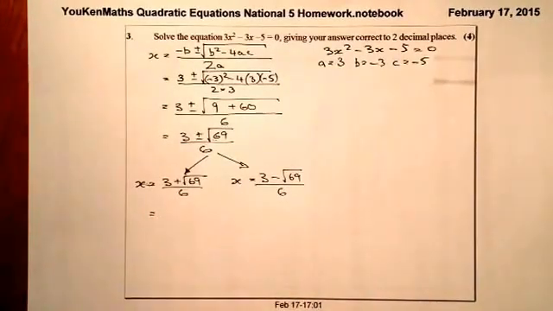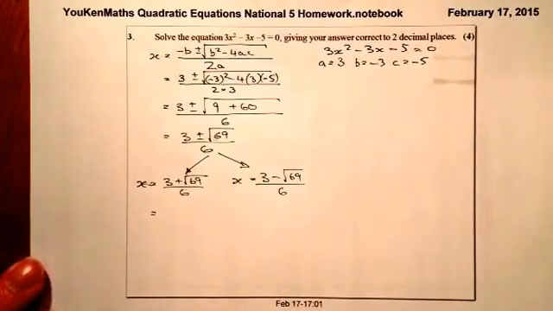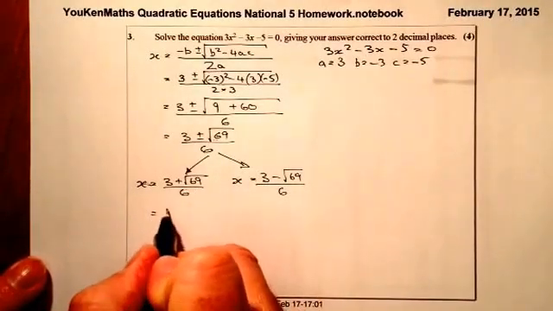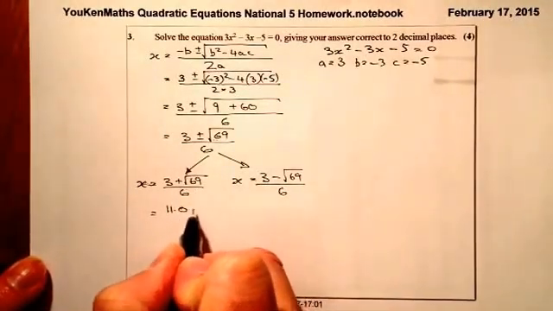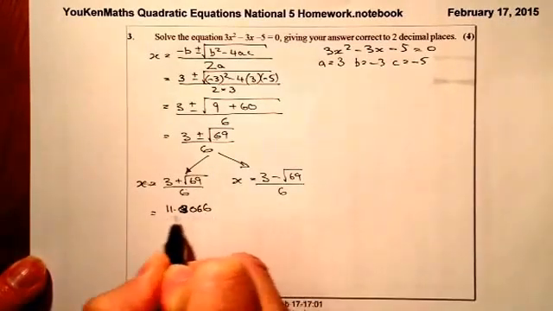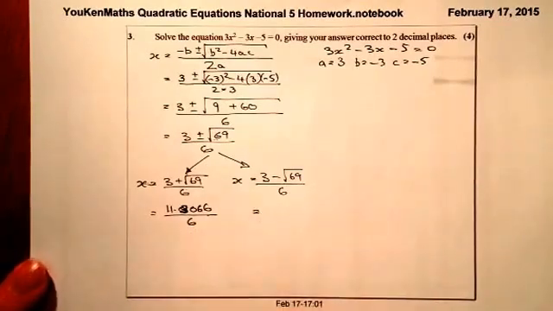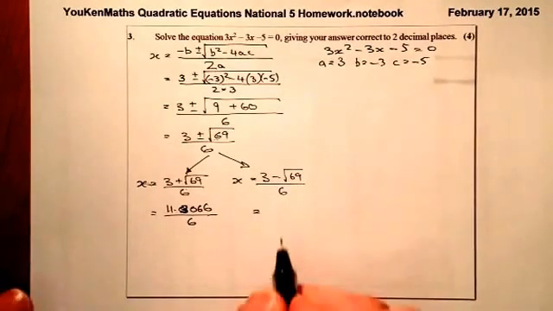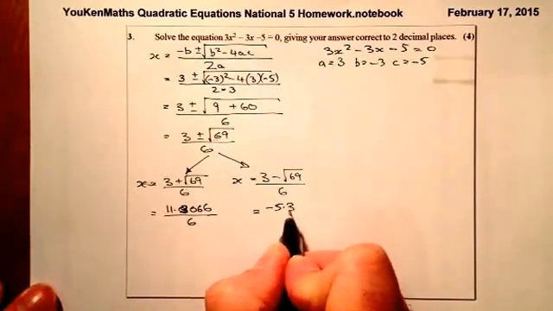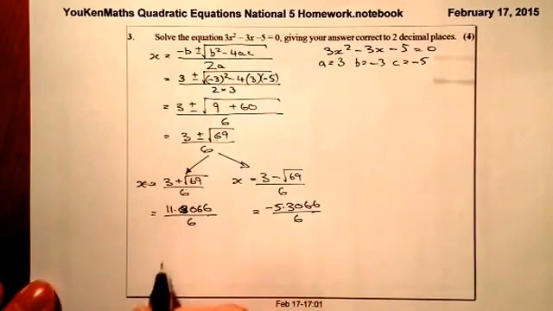What I can do first of all is work out the top line there, 3 plus root 69, which should give me 11.3066, and that's all going to be divided by 6. Over on this side, if I do the same thing again, it would be minus 5.3066, and that's all divided by 6.